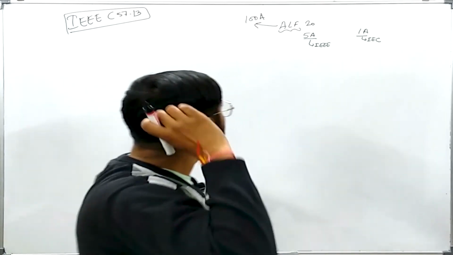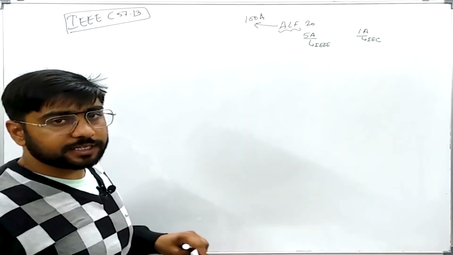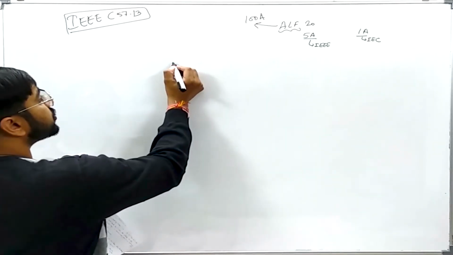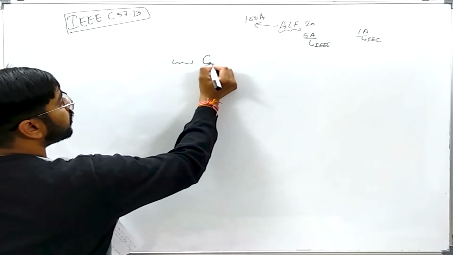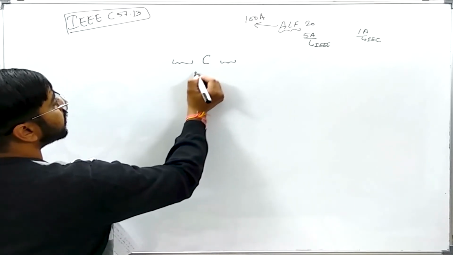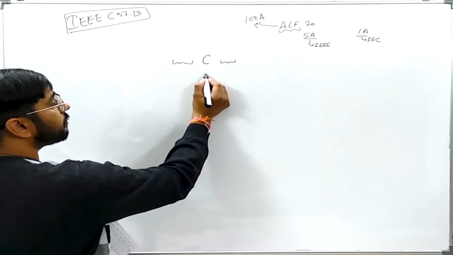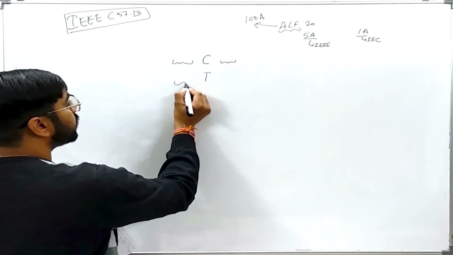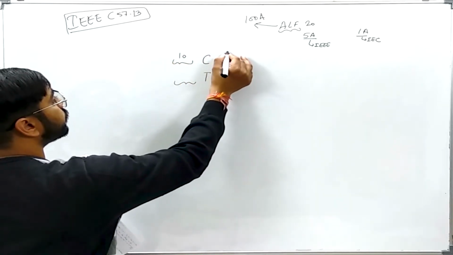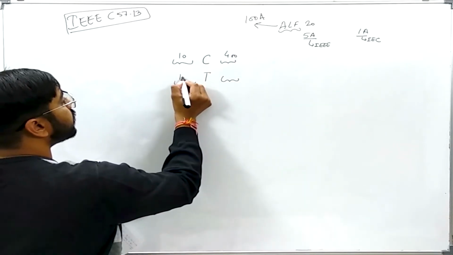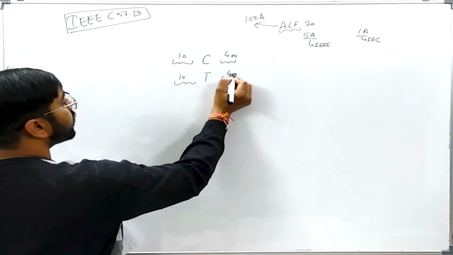Okay, now the nomenclature in IEEE is very easy. It has two sets of integers divided by one letter. This letter will either be C or T, like 10C400, 10T400.